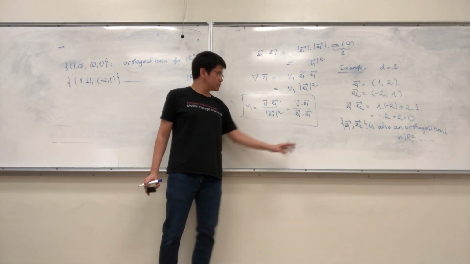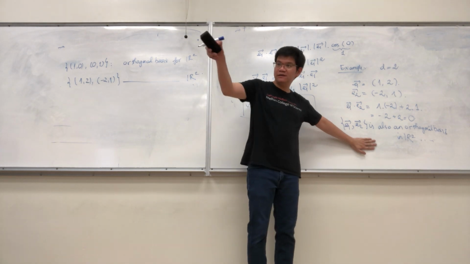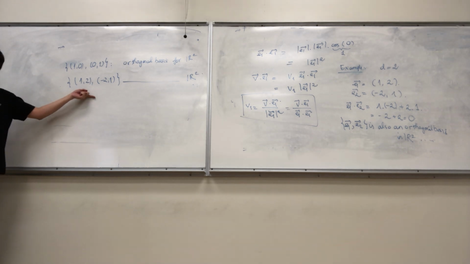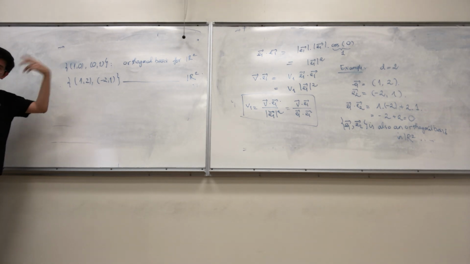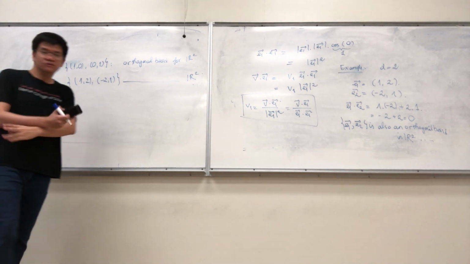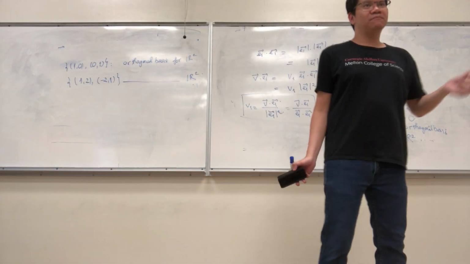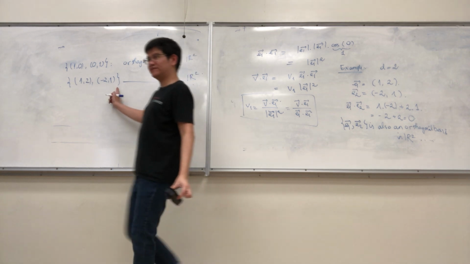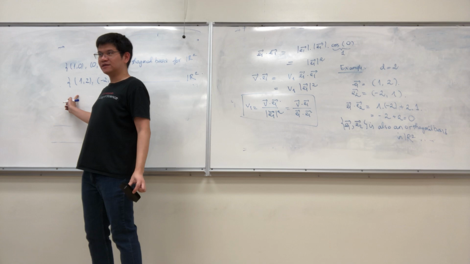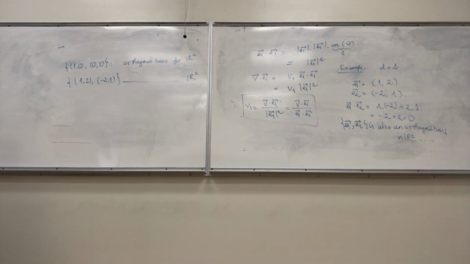This is an example answering your questions, saying that you have many orthogonal bases for R2, R3, R4, etc. As long as they're orthogonal, you have an orthogonal basis. In R2, you have only 2 vectors. In R3, you have 3 vectors. If you can find 3 vectors that are orthogonal, then this is an orthogonal basis for R3.